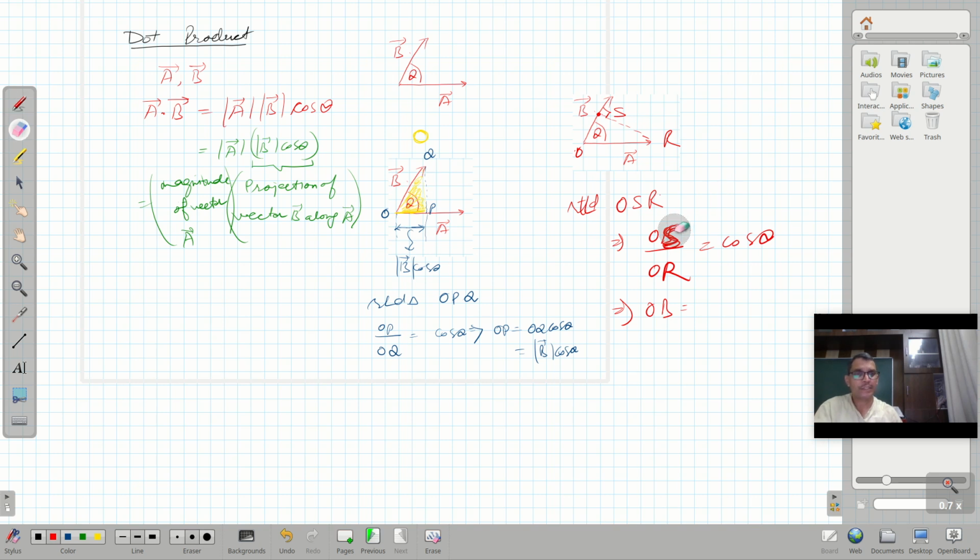Let me correct it later. Similarly, I have to correct it here also. So OS is equal to OR cos theta, and this OR is nothing but the magnitude of vector A, so OS is A cos theta. If I put it like this, then both are one and the same thing.